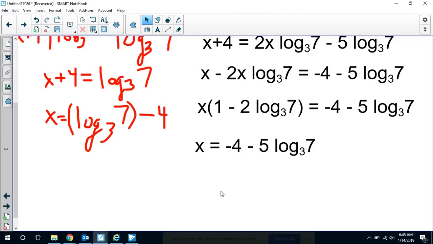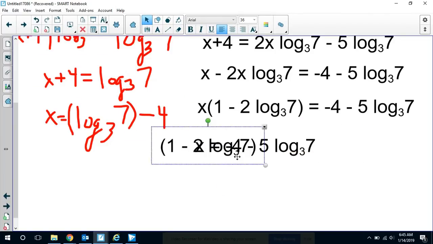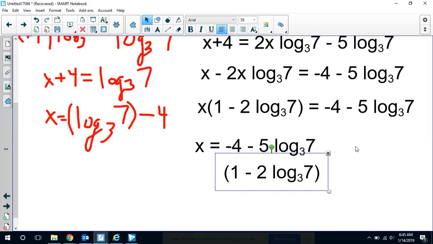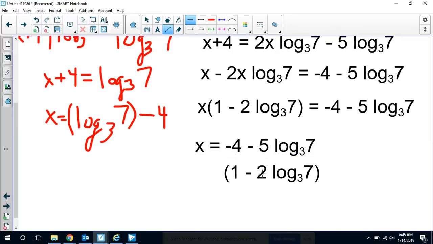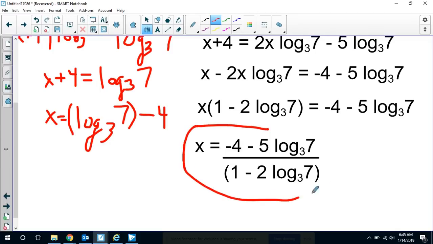So if I divide both sides by 1 minus 2 log base 3 of 7, I now have my answer. So x equals negative 4 minus 5 log base 3 of 7 divided by 1 minus 2 log base 3 of 7.